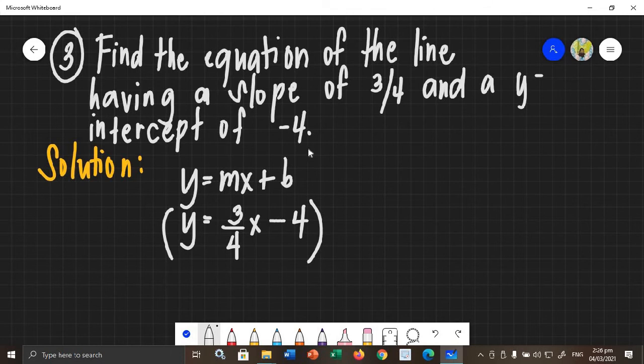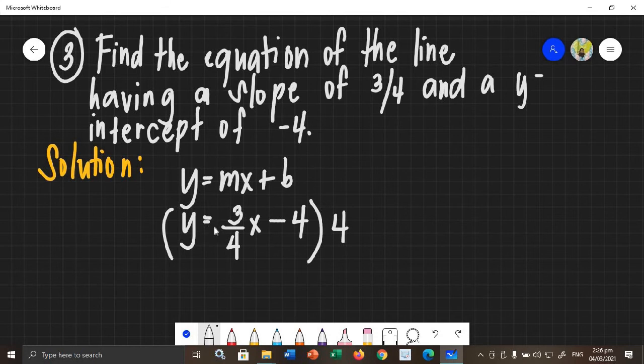And para ma-cancel out yung denominator niya, you need to multiply the whole equation by the denominator of the slope. So, in this example, ang denominator niya is 4. So, therefore, i-multiply natin yung whole equation by 4.